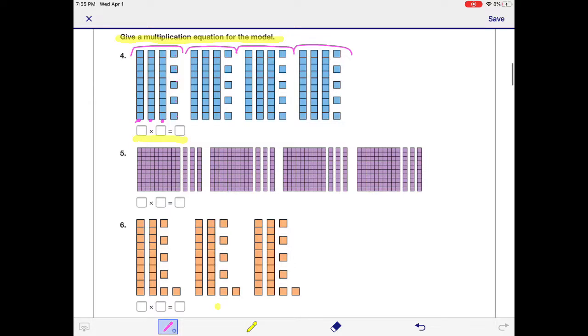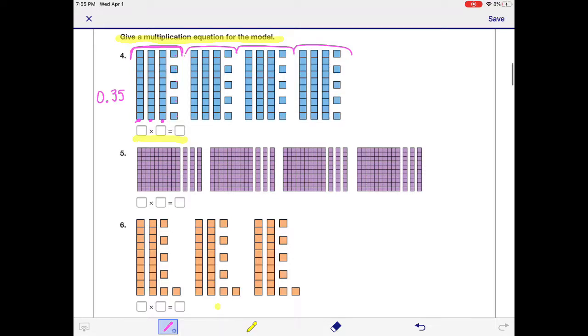So if we're writing those in the correct decimal places, we have 0 wholes, right? We don't have any of those big square boxes. 0 wholes. We have 3 tenths, and we have 5 hundredths. So one of these right here is 35 hundredths.